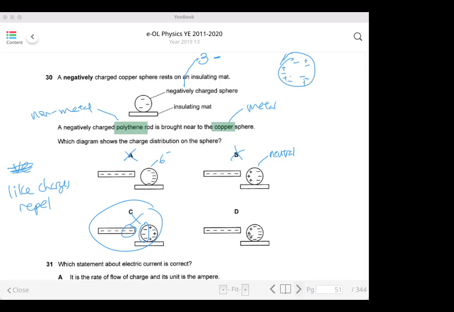So when you put the negative rod over, all these negative charges will actually move to the right. So on the left, you have some positive. On the right, there are more negative. But overall, the charge of the sphere will still be 3 negative.